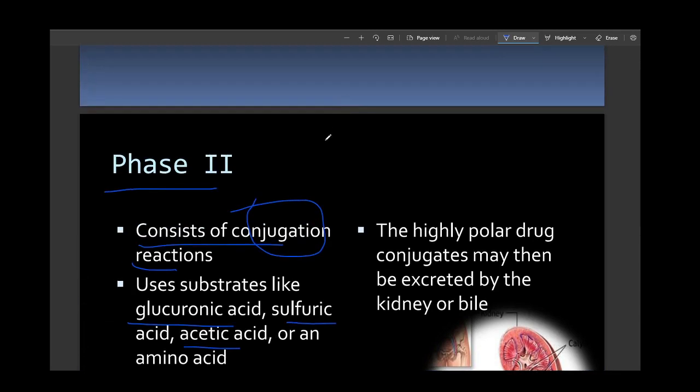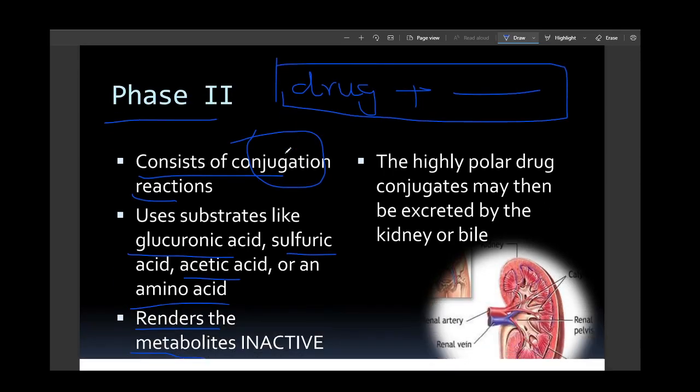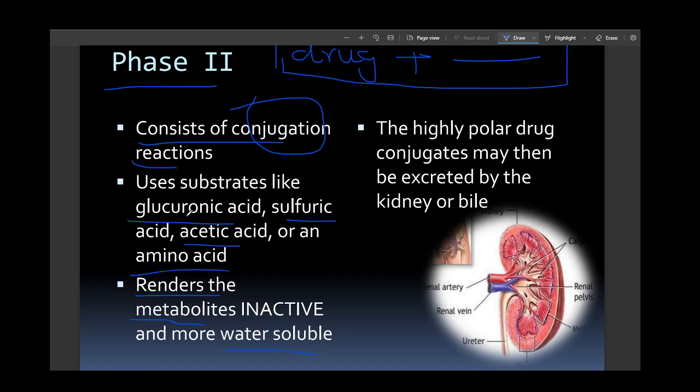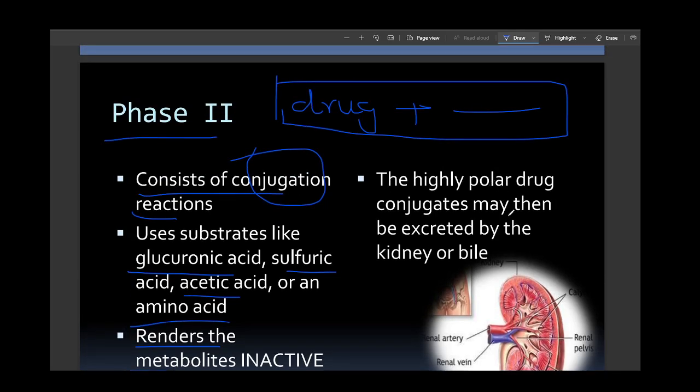For example, there are drug plus some other substance, and this reaction will be called conjugation. For example, we use glucuronic acid, sulfuric acid, acetic acid or an amino acid. Okay, the highly polar drug conjugates may then be excreted by the kidneys or bile.